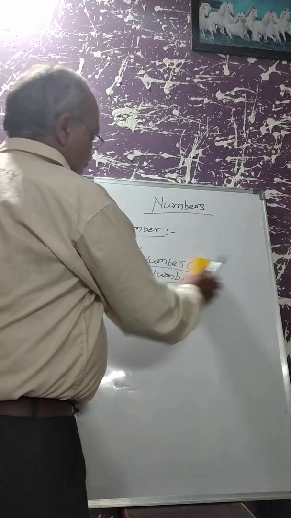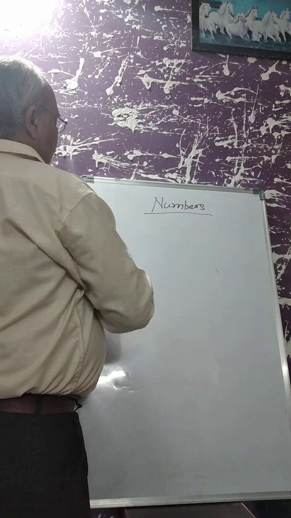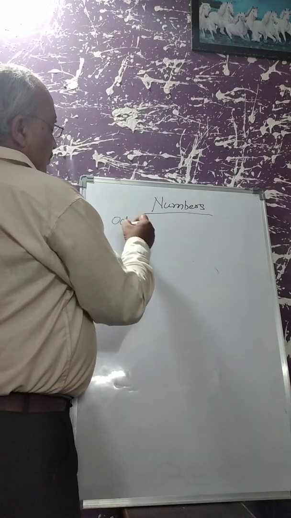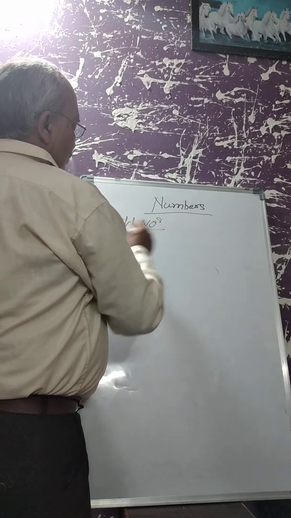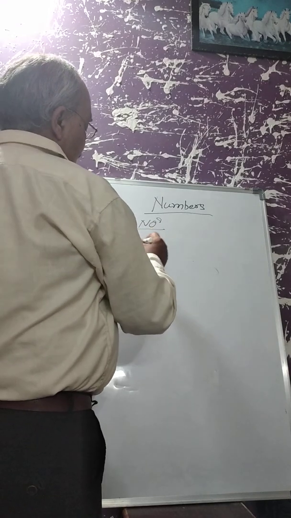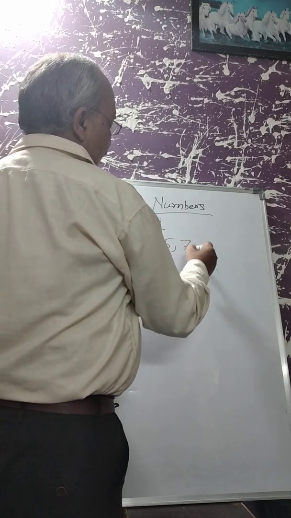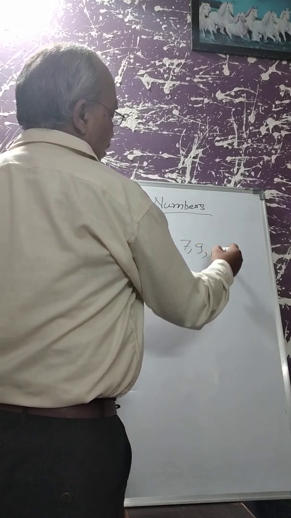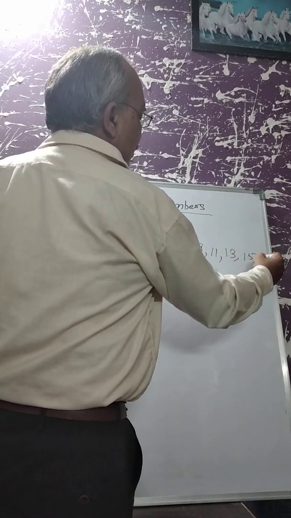What are odd numbers? Odd numbers are those numbers which cannot be divided by 2, like 1, 3, 5, 7, 9, 11, 13, 15, and so on.